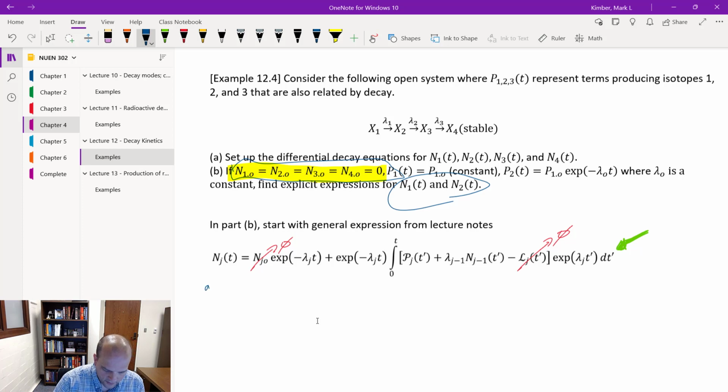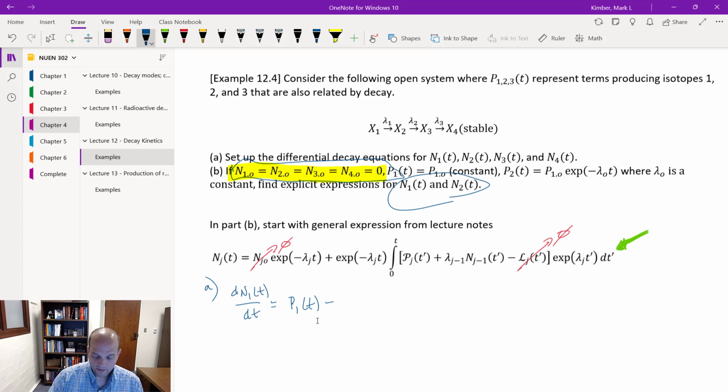And so what does this look like for part A? I'm just setting up the differential equations again, and the differential equations would look like the following. So dN1(t)/dt, what are my production terms? What is the stuff coming in for isotope 1? I just have P1 of t.